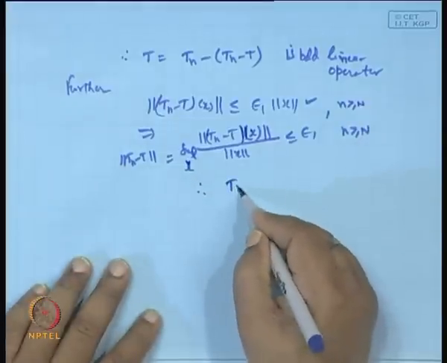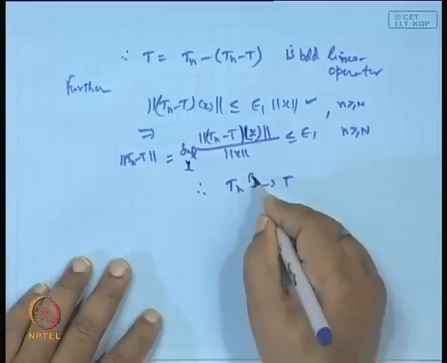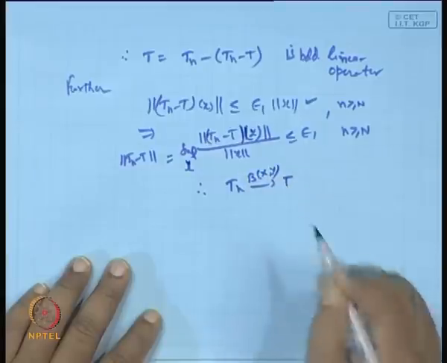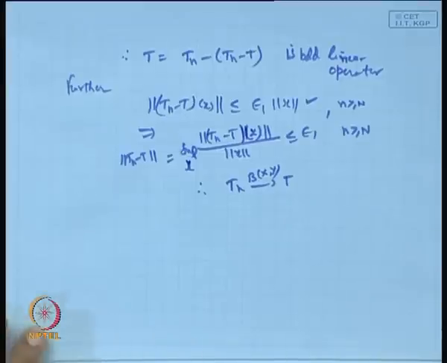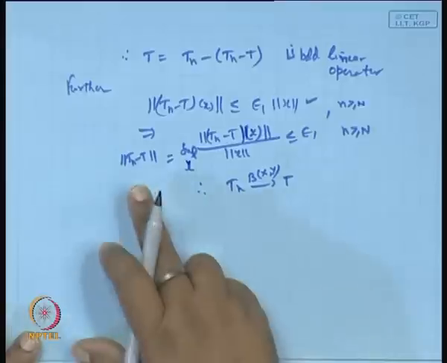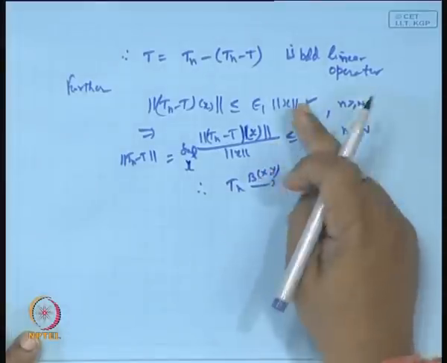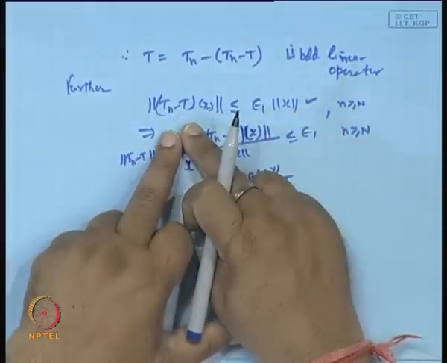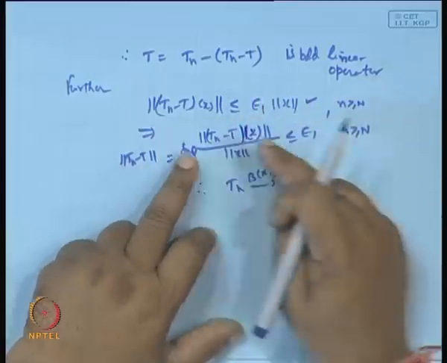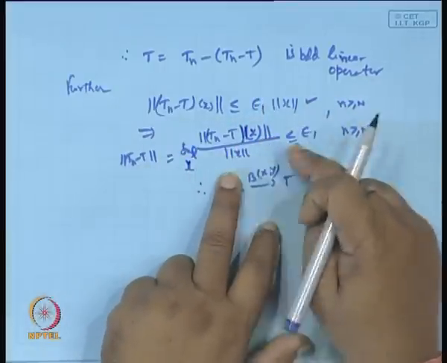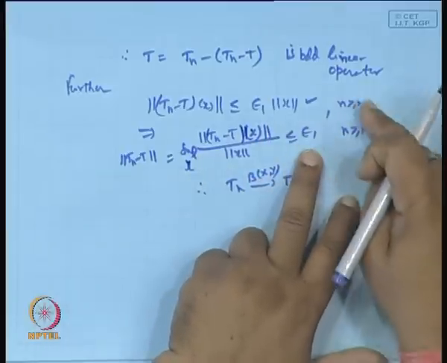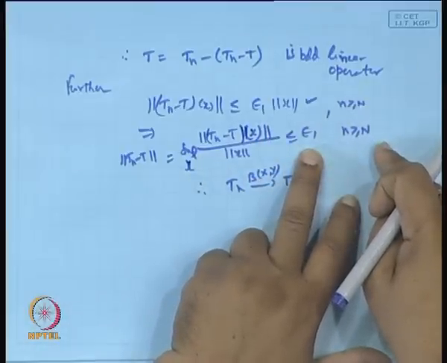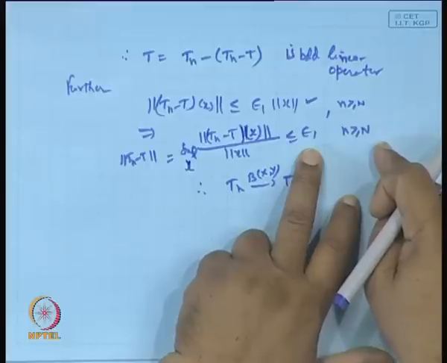Therefore, Tn converges to T in the norm of B(X,Y), because the norm of Tn minus T goes to 0. So this completes the proof. The norm of Tn minus T is equal to the supremum over x of norm of (Tn minus T) x over norm x. This is less than or equal to epsilon when n is greater than or equal to N. Sir, this is by definition.